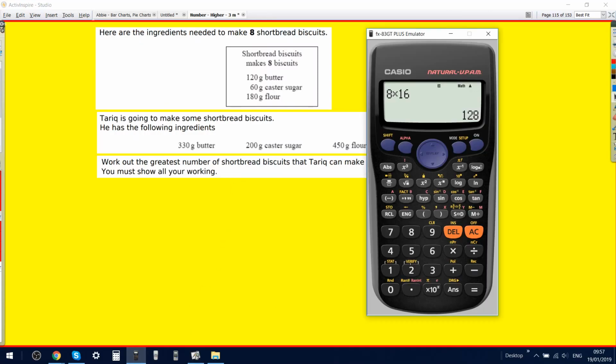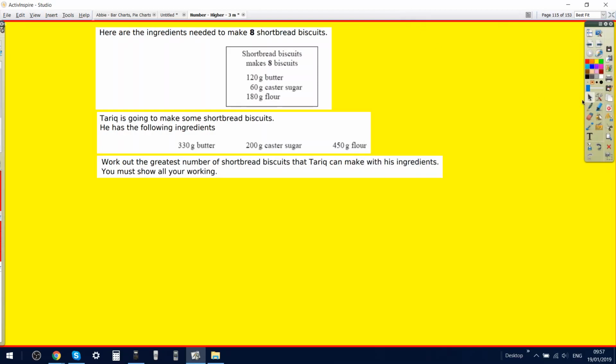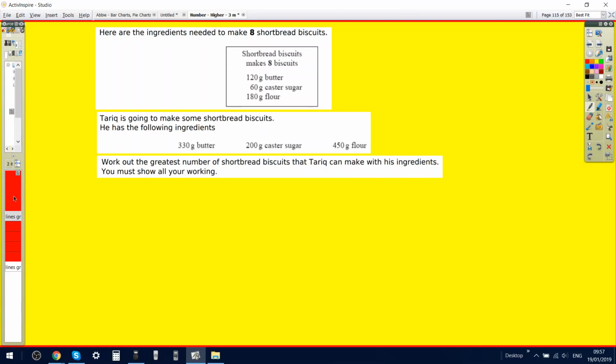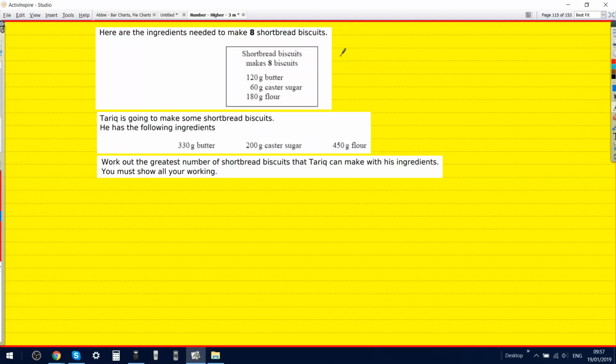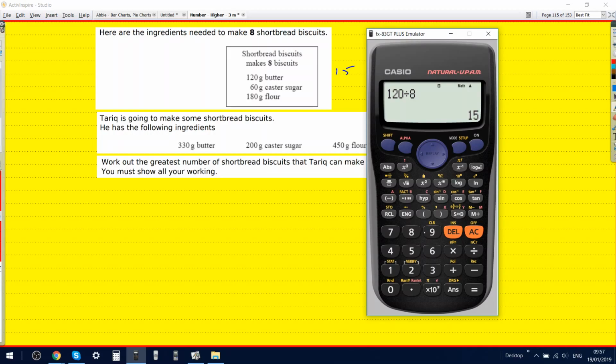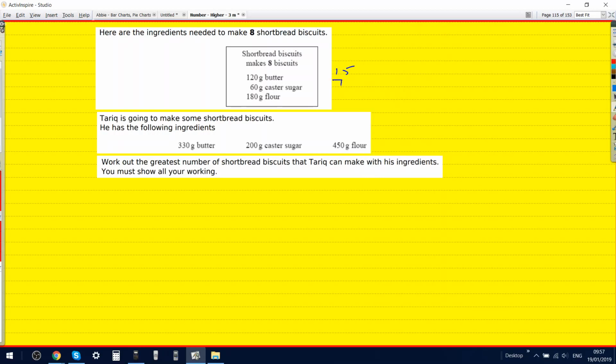Okay, so 120 divided by 8. Let's say one biscuit, what would that be for? So one biscuit is 15. Would that work for the sugar? So 60 divided by 8. And that'll work. 7.5 grams of sugar.